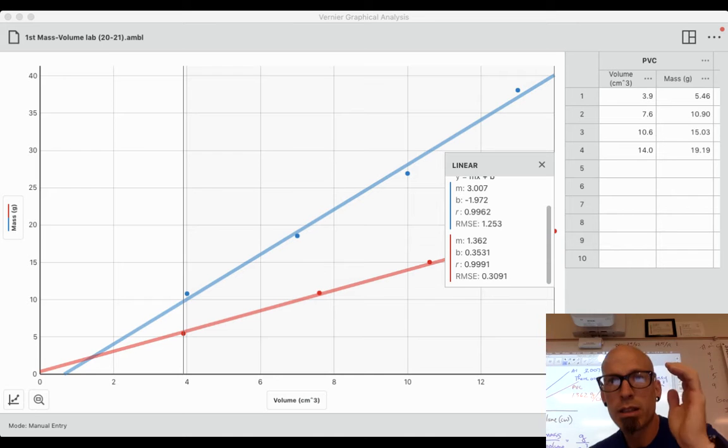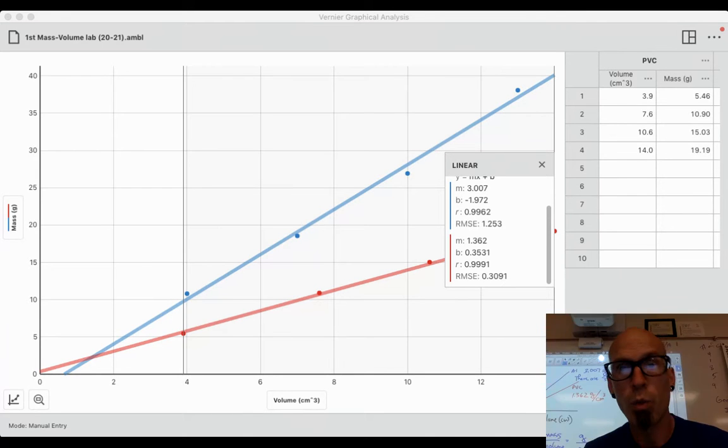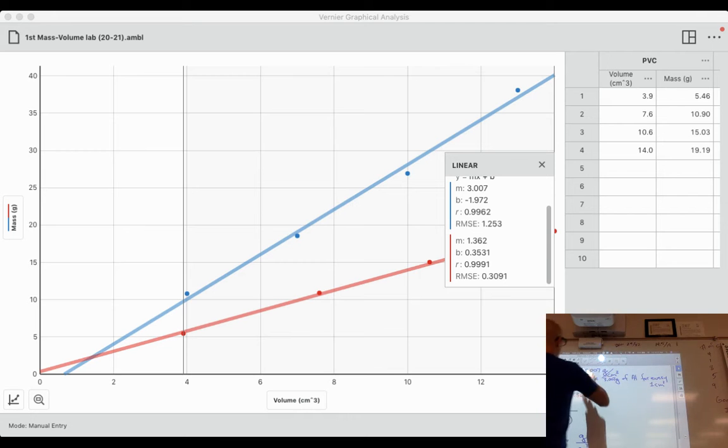So that's what it's telling us, that there's 3.007 grams of aluminum for every 1 centimeter cubed, which means for PVC, I'm saying that there are 1.362 grams of PVC for every 1 cm cubed.